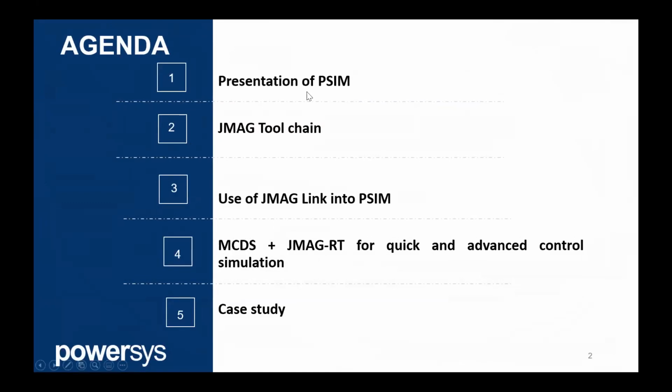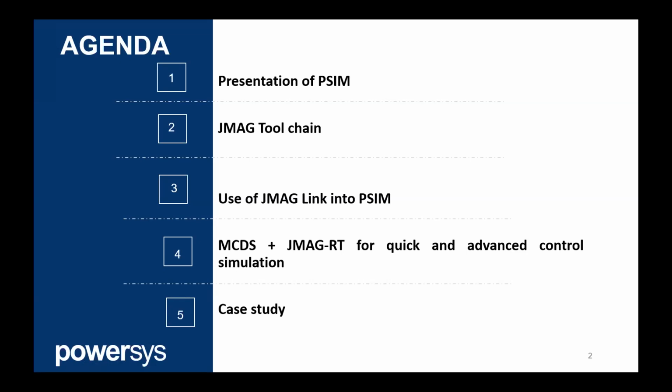Just to start with the agenda. I will present you very quickly PSIM, and then we will go through the JMAG side. Then I will show you the different links between JMAG and PSIM, because there is not only one way. You can do it your own way if you want to make the co-simulation, for example. At the end, I will present you the motor control design suite tool from PSIM, which is an advanced and fast tool if you want to drive your electrical motor accurately.